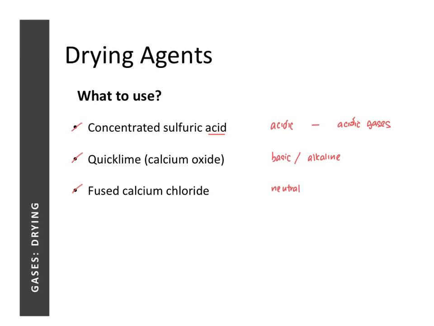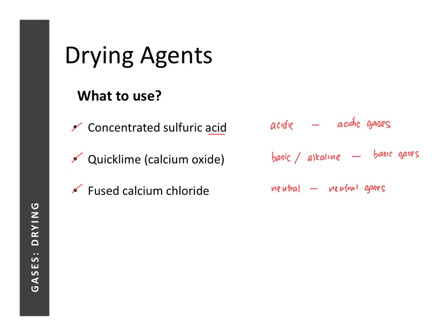Quicklime is ideal to dry basic gases. And then neutral drying agents can be used for neutral gases. This is the recommendation. Once again, acidic drying agent for acidic gases, basic drying agent for basic gases, neutral drying agents for neutral gases.